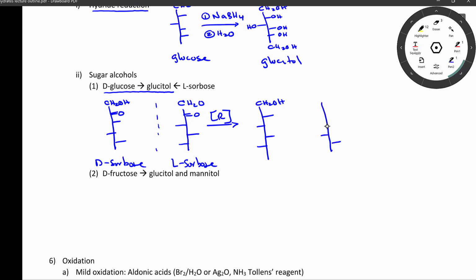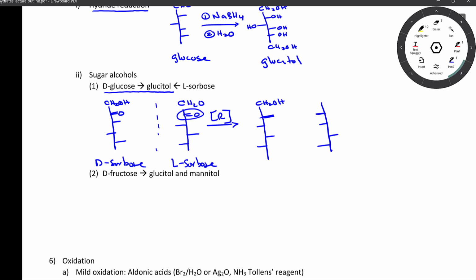Because remember, where the ketone is, where the carbonyl is, can create two different stereoisomers. So one will be, what did I do? I started drawing the mirror image. Sorry, my bad. One will be like shown here with this one here, and the other one will be like this.